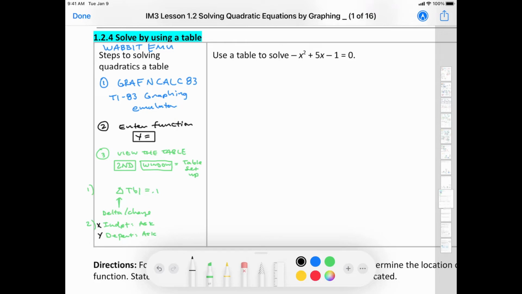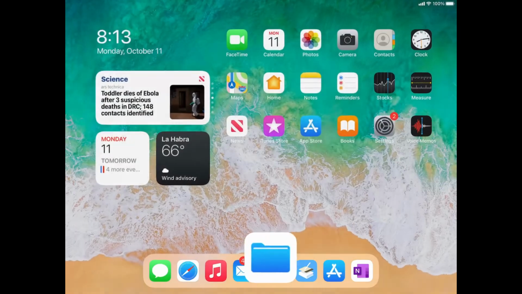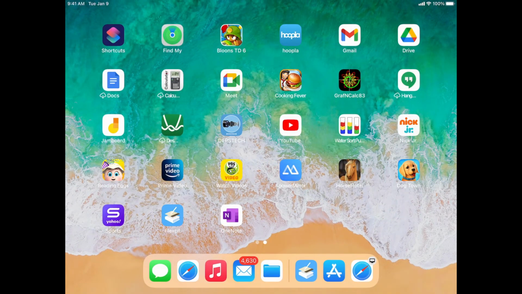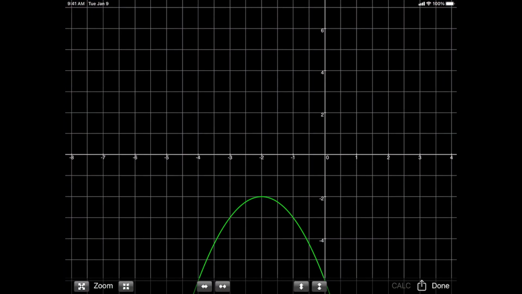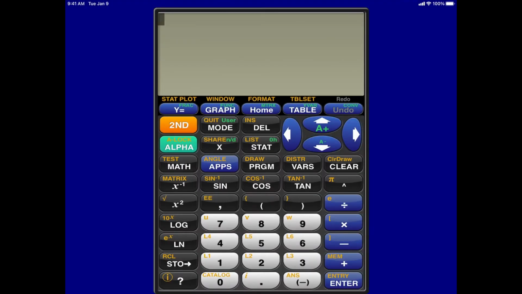Okay, let's try this first one here. It says use a table to graph negative x squared plus 5x minus 1 equals 0. So here is my Graph and Calc 83. I'm going to get to the home screen and press y equals in the top left.